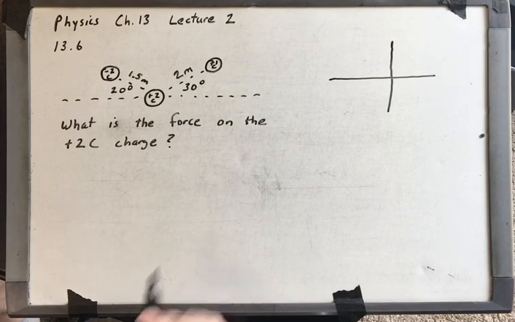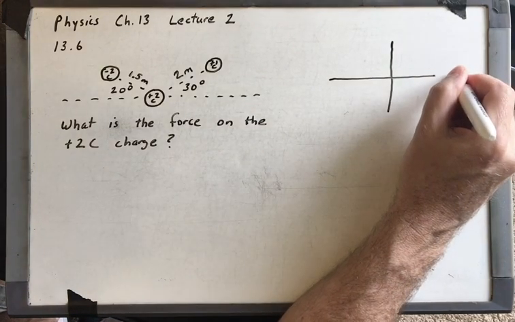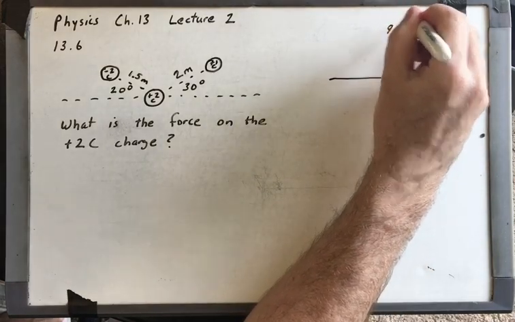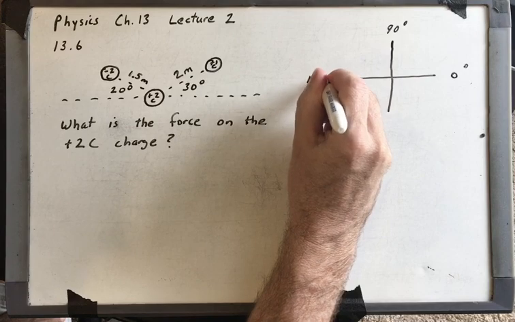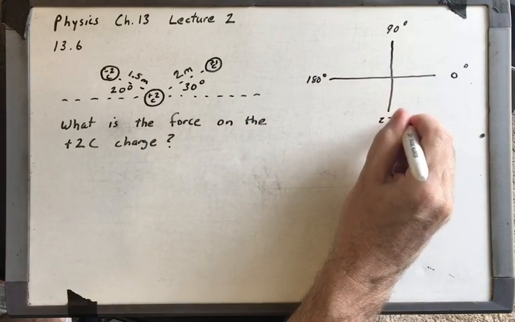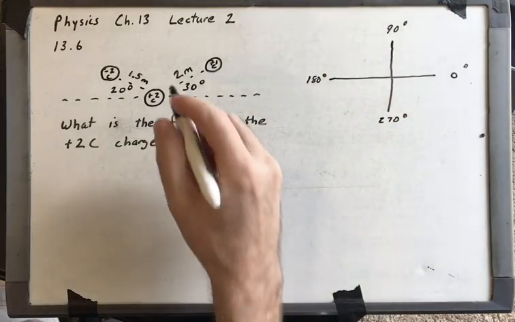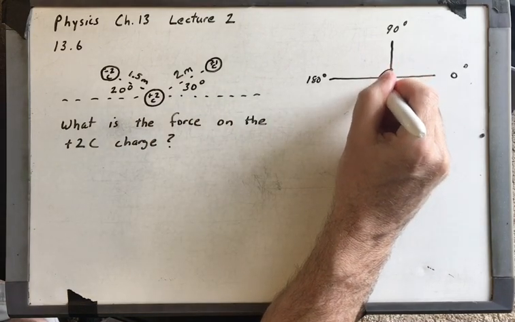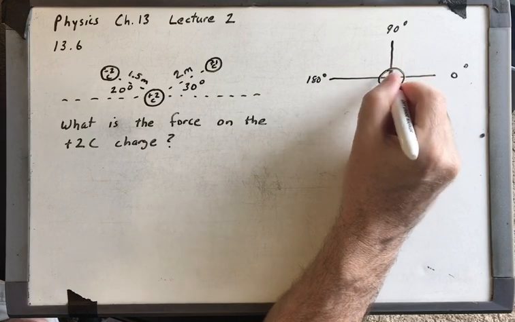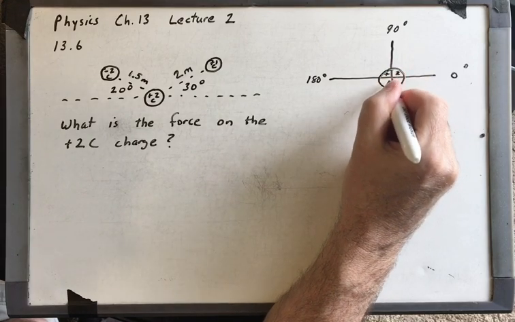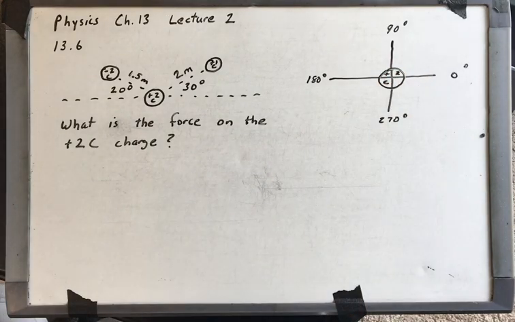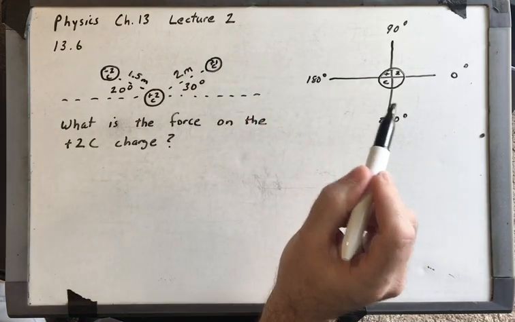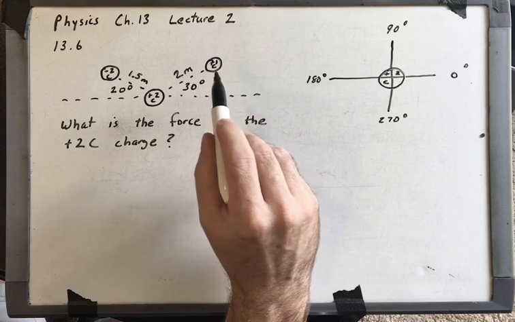Okay, what we want to do is draw a coordinate plane. And I'm going to put the charge we're interested in at the center of the coordinate plane. So that's the plus 2 Coulomb charge. And I want to draw out the forces as vectors.